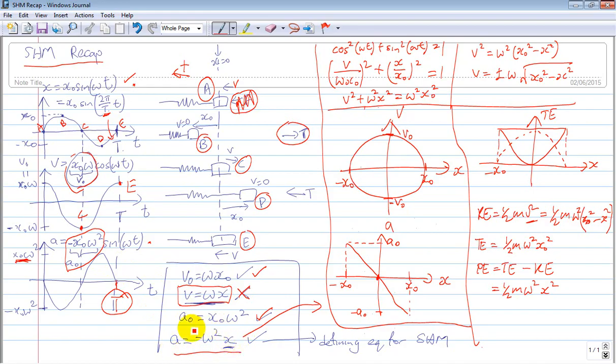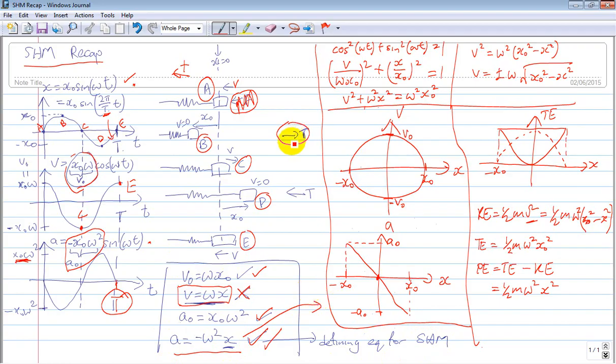It's true for any SHM, unlike the previous case, which is not true. This general equation is true, and you should realize this is the defining equation for SHM. Meaning if you want to define SHM, you have to do it in words, but in essence, it represents this equation's meaning. So with that, I will end this video.